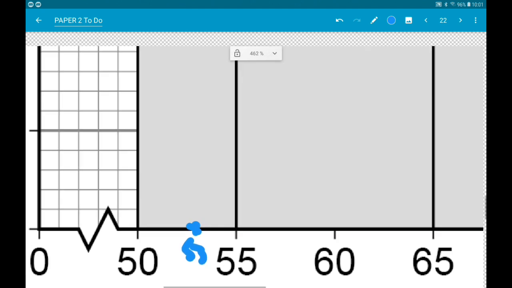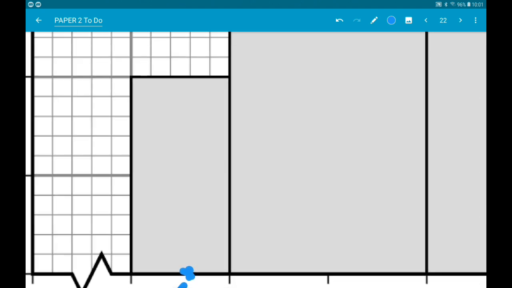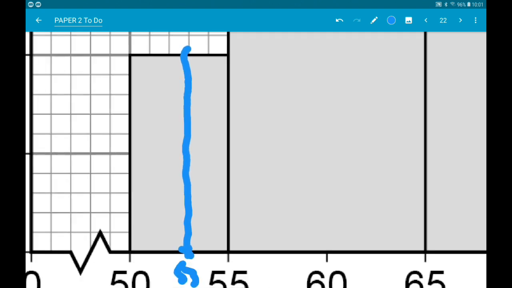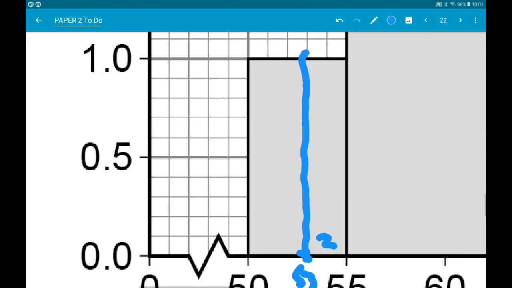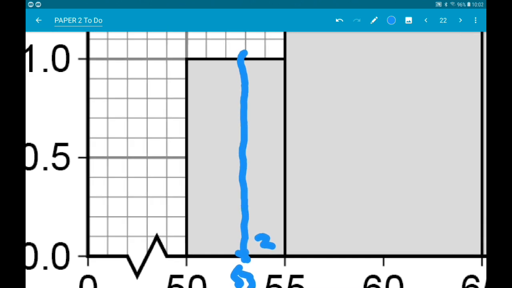Now we then want the area of this first bar to the root of that blue line. So the width is 2, the frequency density is 1, so the frequency in there is 2.